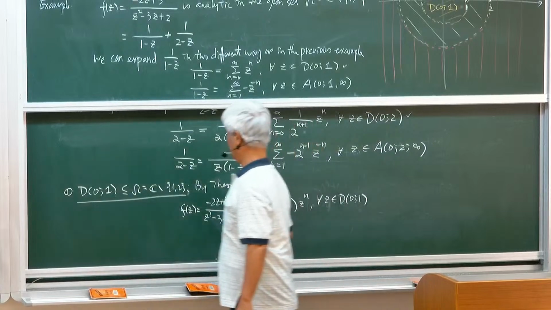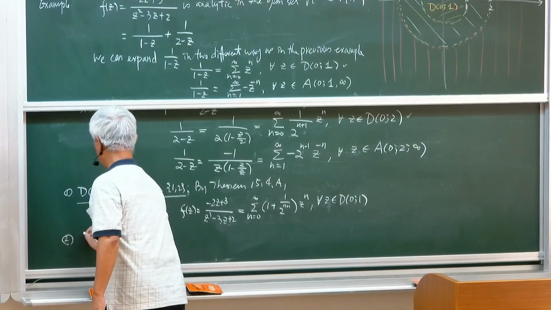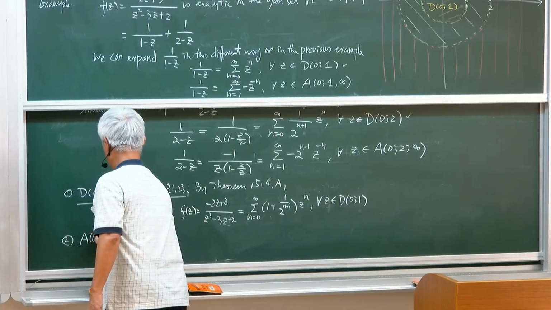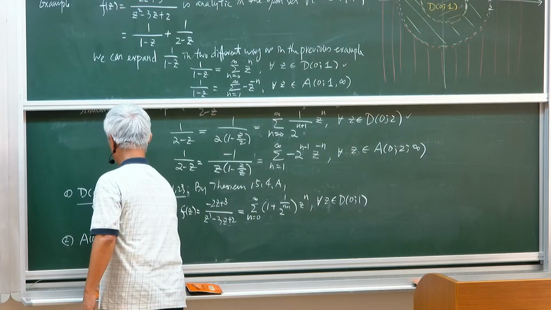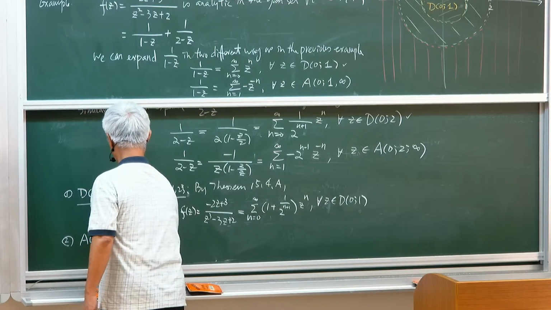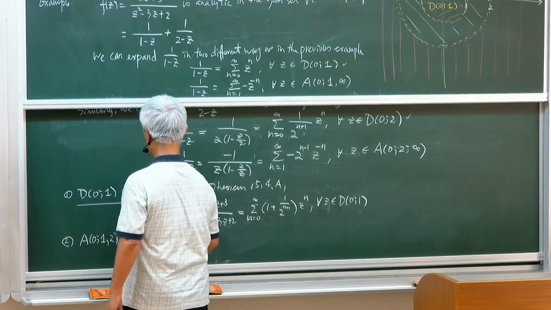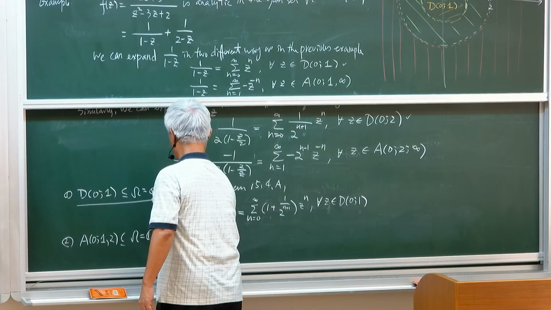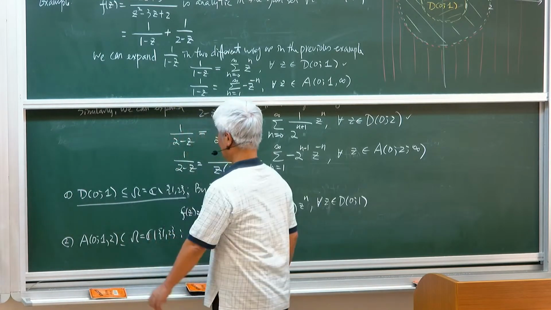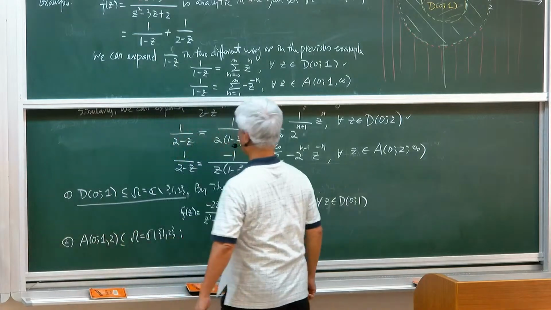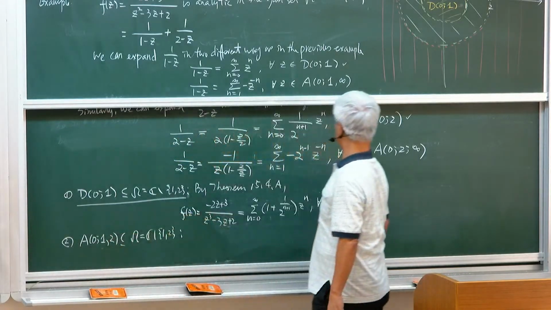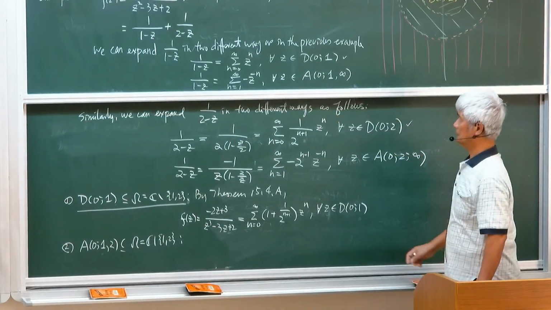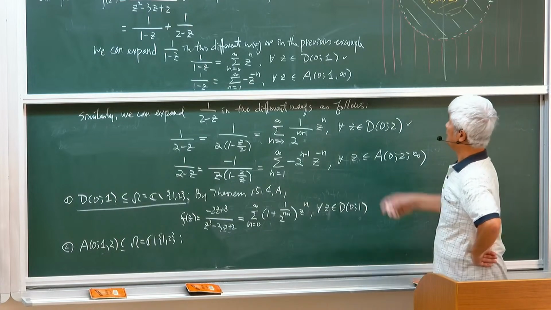Now the second case, the open annulus with inner radius 1 and outer radius 2, is also contained in the defining open set. Now, which ones cover this open annulus? This one, right?